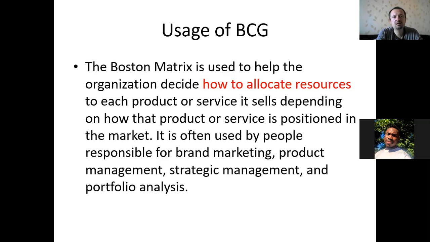But if we do not have the possibility to attract financial resources from a bank, it is possible to sell some part of our business and to invest this money into other strategic business units. So this is the main idea of this matrix.